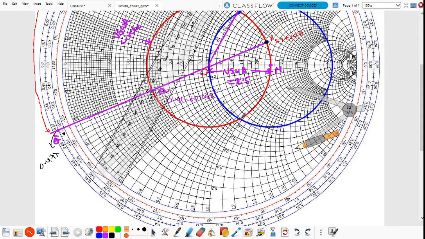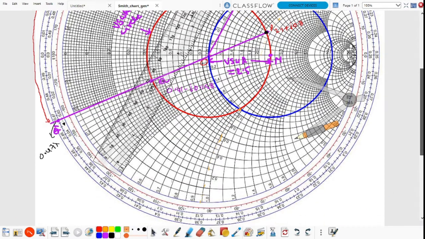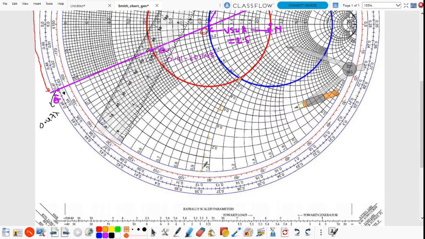Extend this line, and this line cuts the outer circular rim on the Smith chart.